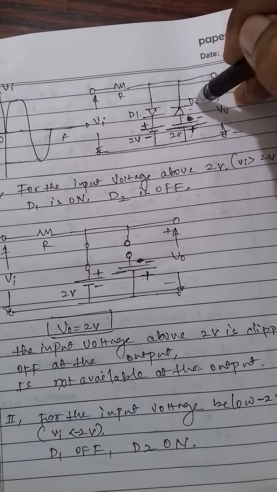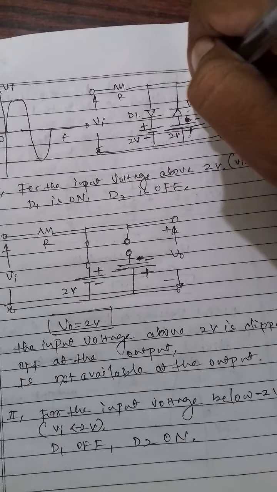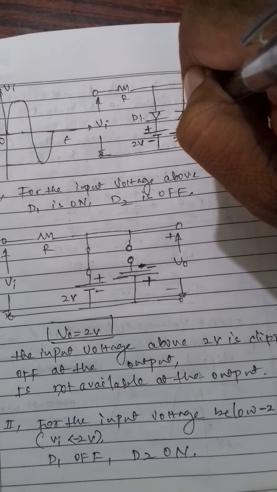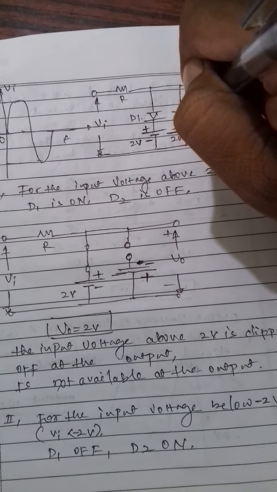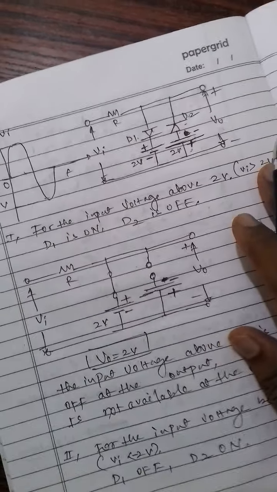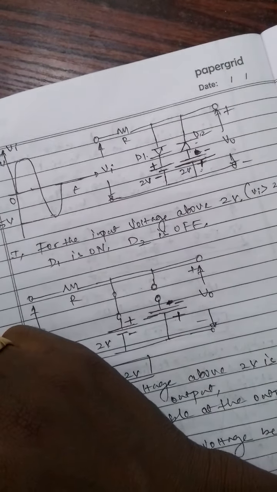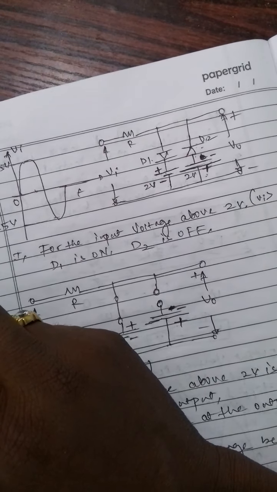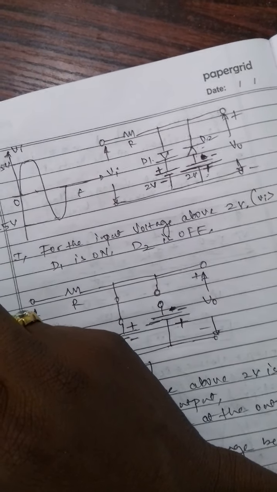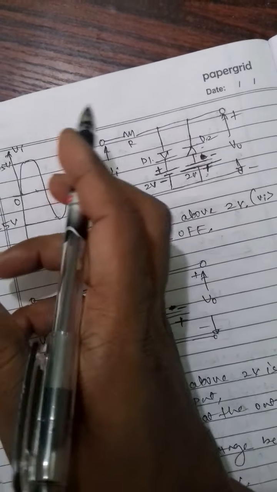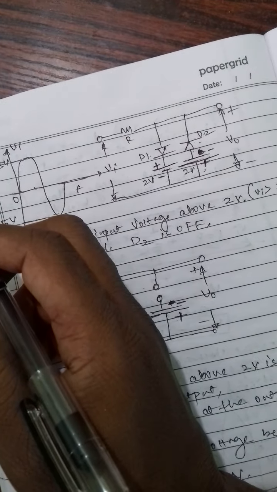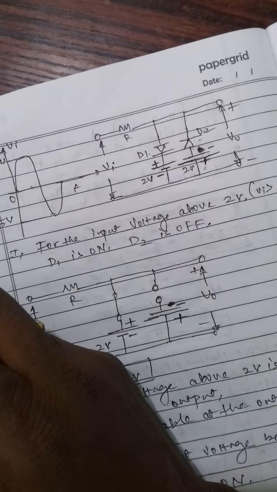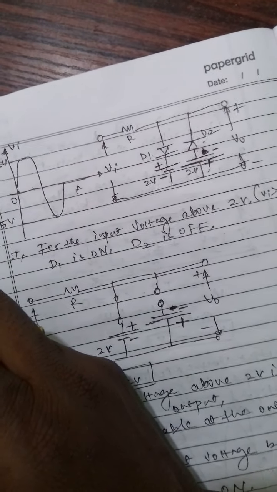This type of clipping circuit is known as clipping at two independent levels. Because if only one diode is used, there is only one reference level, for which you shall clip the input voltage above or below one reference level or one voltage.